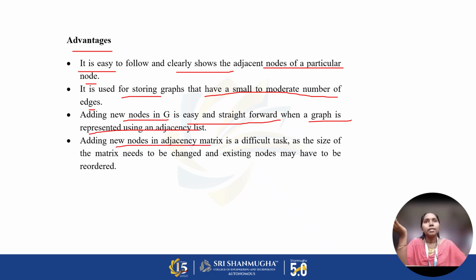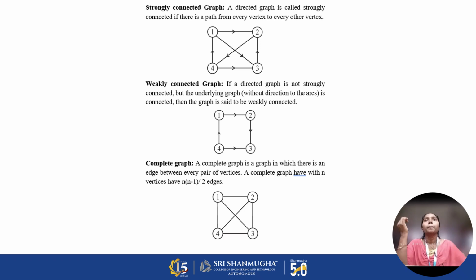Adding a new node in an adjacency matrix is a difficult task, as the size of the matrix needs to be changed and existing nodes may have to be reordered. And there are also strongly connected graphs, weakly connected graphs, and complete graphs. These are also kinds of types of graphs.